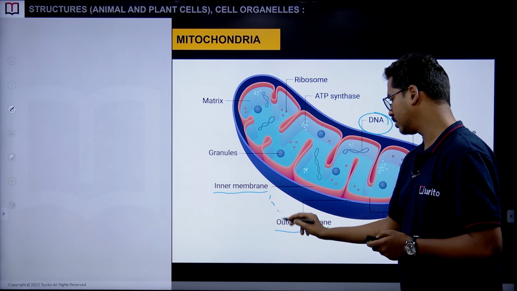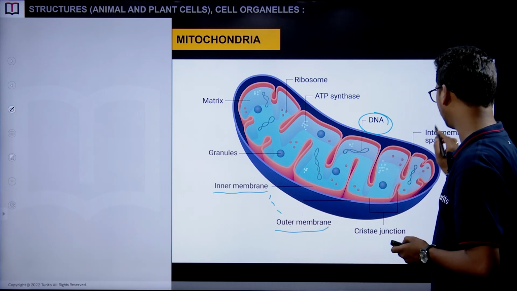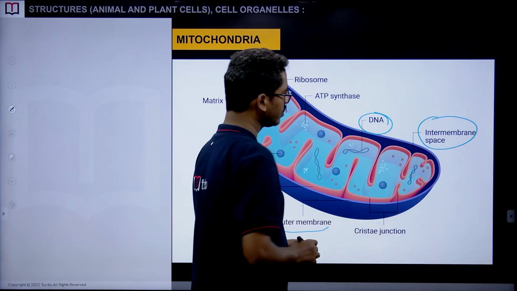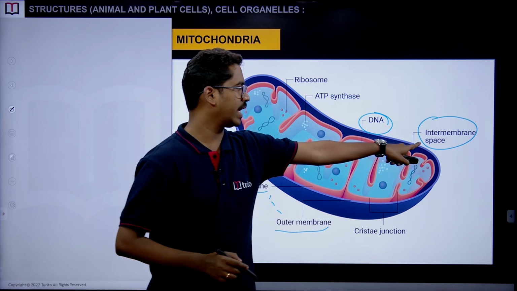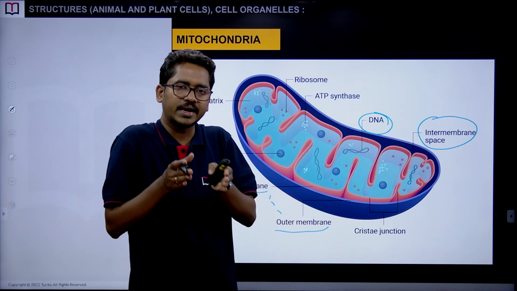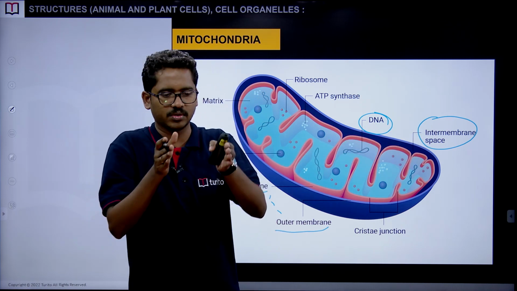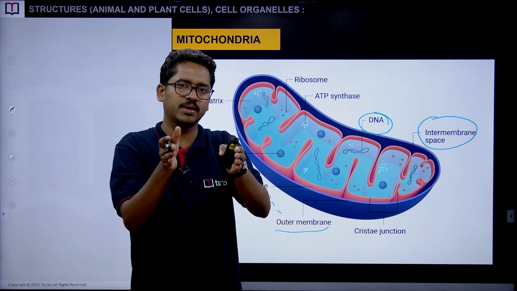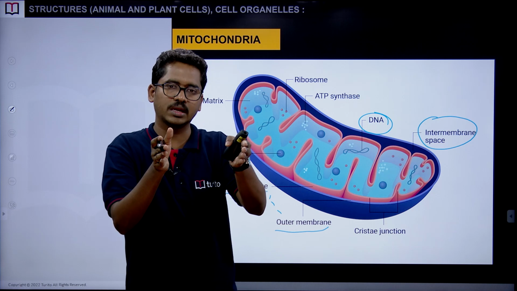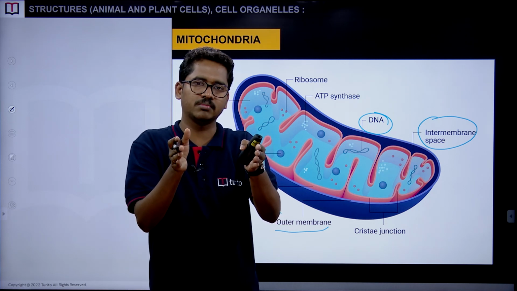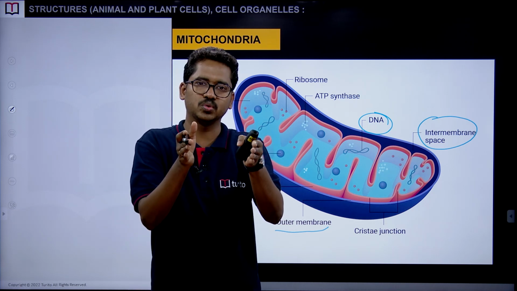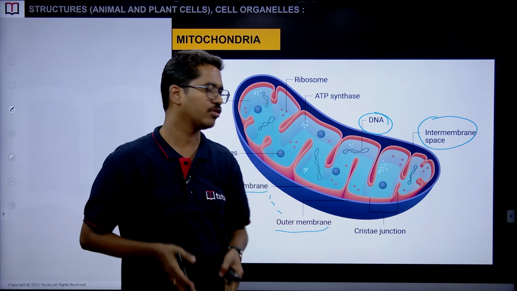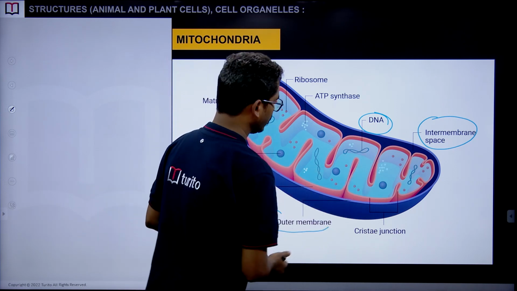That space is known as the intermembrane space. So, consider this hand being the outer membrane and the left hand being the inner membrane; the space between these two is known as the intermembrane space.